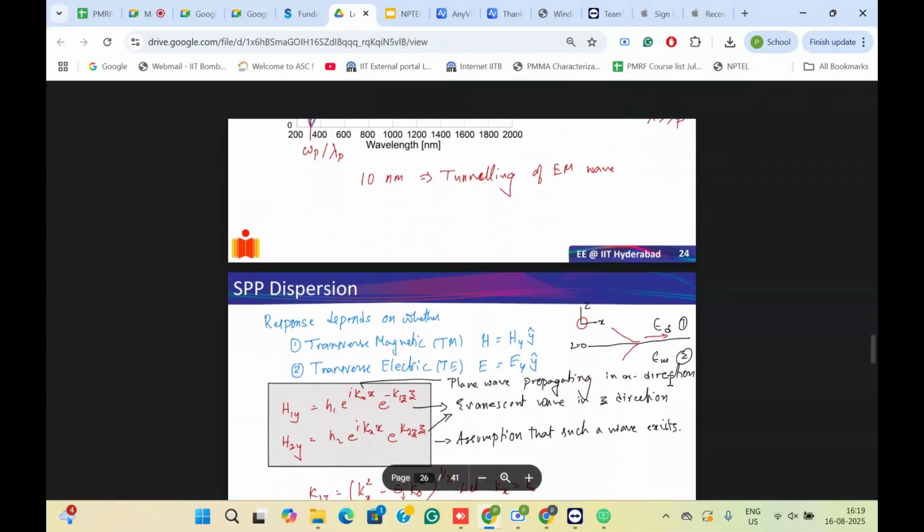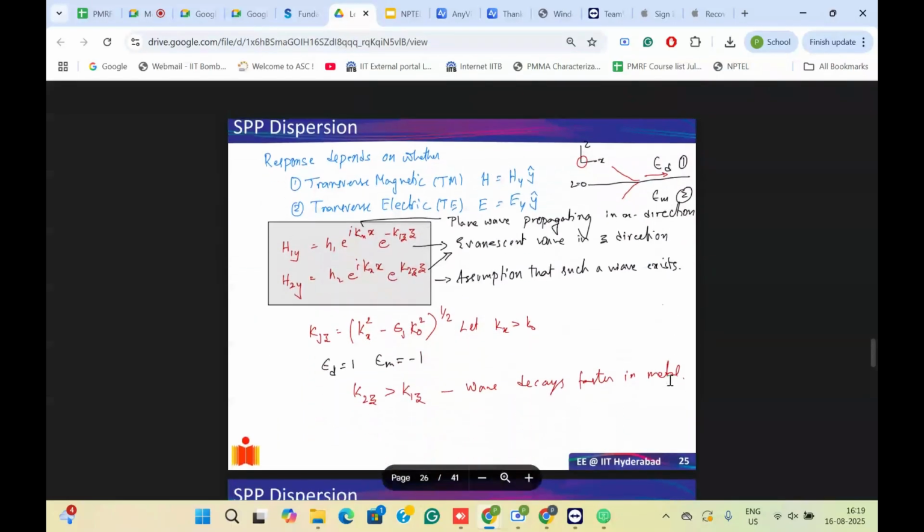The surface plasmon polariton response depends on whether we have transverse magnetic waves or transverse electric waves. For a transverse magnetic wave, we will have only the Y component of the magnetic field, and the X and Z components will be zero. For transverse electric waves, the electric field will have only the Y component, and the X and Z directions will be zero.